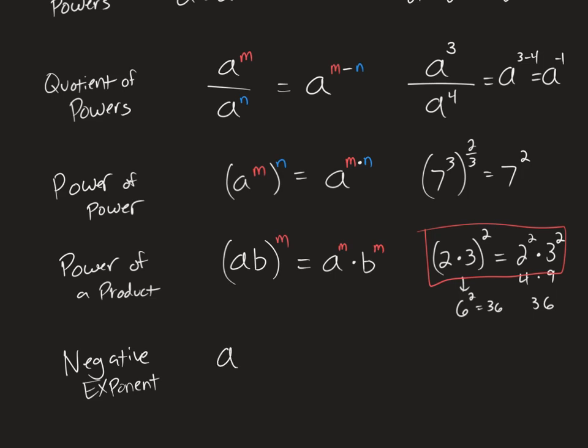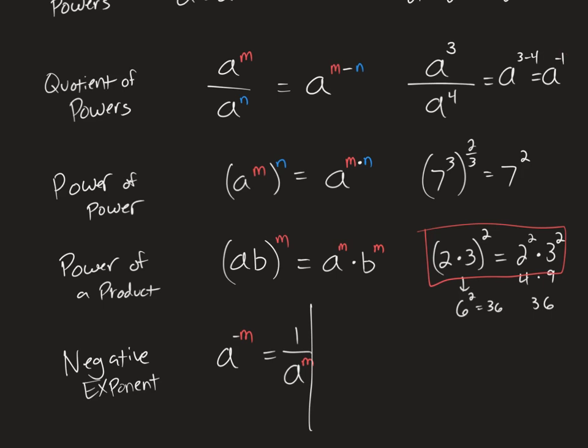If I have a to the power of negative m, we could rewrite that as 1 over a to the m. The function itself is still positive. It's just representing that this is really a fraction. I hope you can go back up here and notice that if I delete 3 of the m's, this is going to be 1 over a. So a to the negative 1 is representing 1 over a.